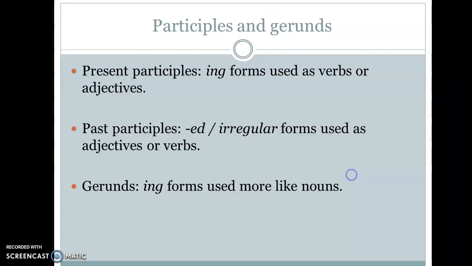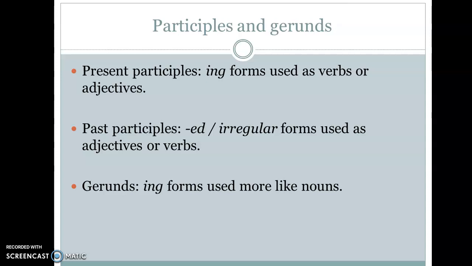Participles and gerunds. We use present participles, that is, the ing forms, as verbs or adjectives, and past participles, that is, the ed or irregular forms of the verbs that we know, as adjectives or verbs as well.